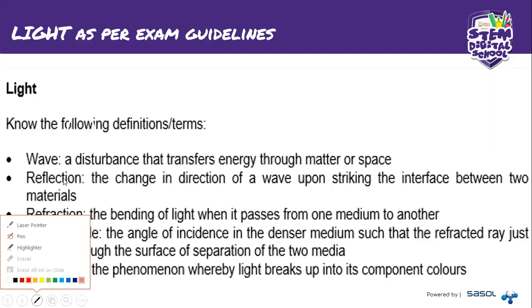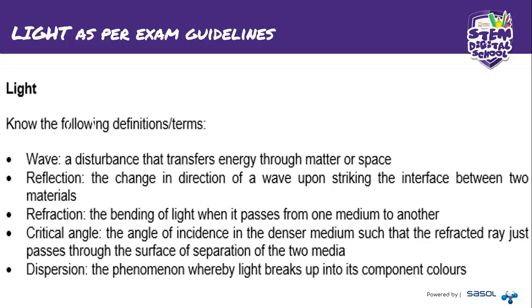Right, we'll use a purple pen for today. Now, the first definition that you have to know in this section is the definition of a wave. You must know how to define the term wave. And we say a wave is a disturbance.